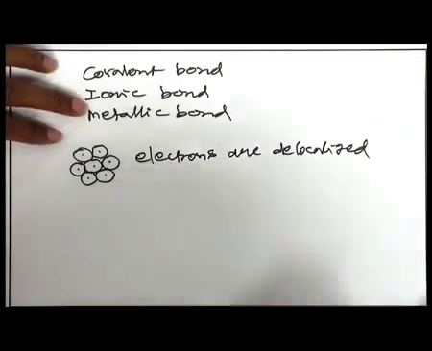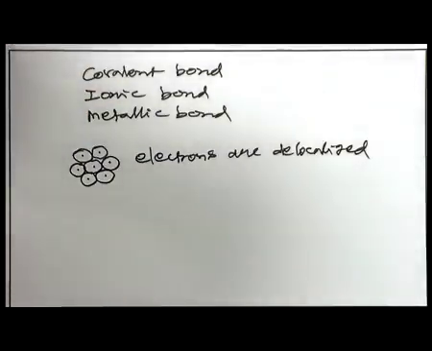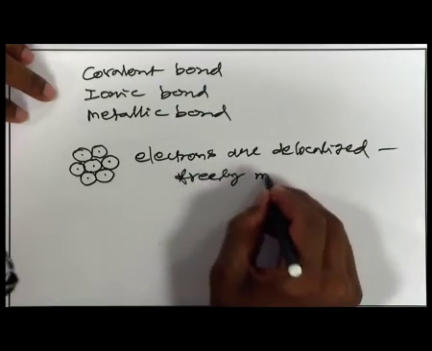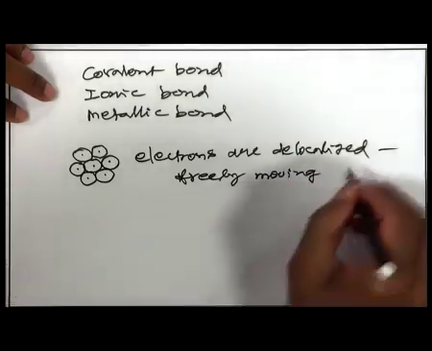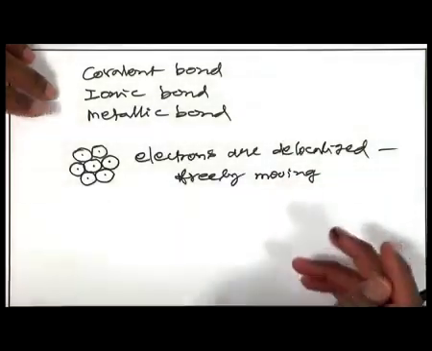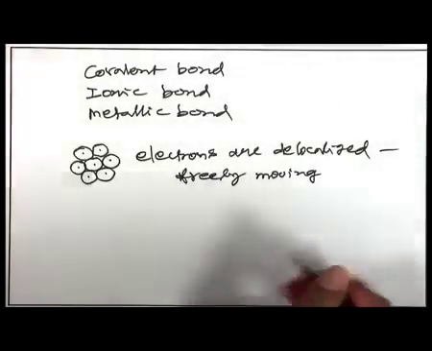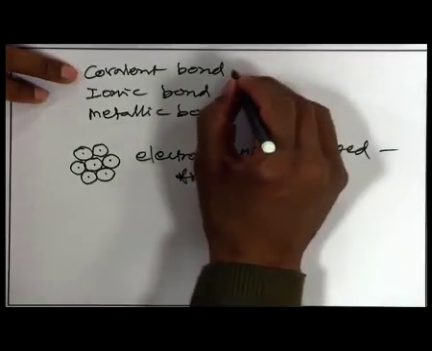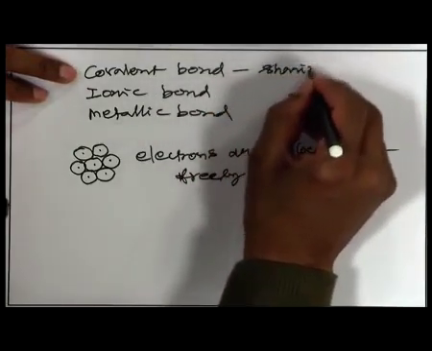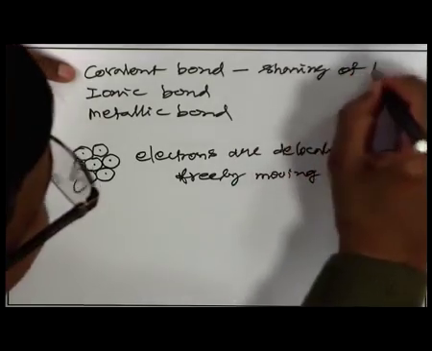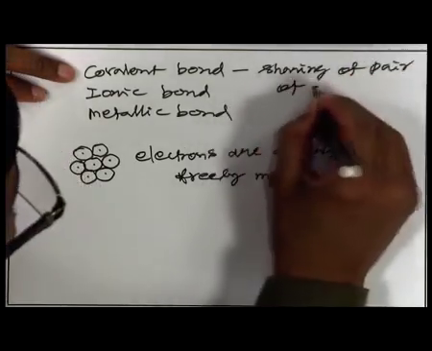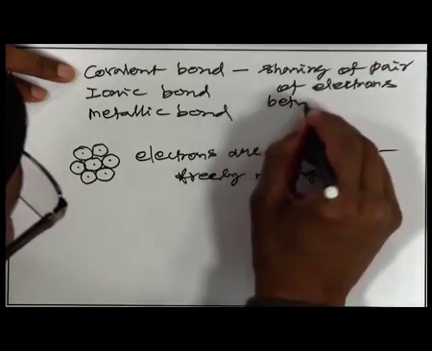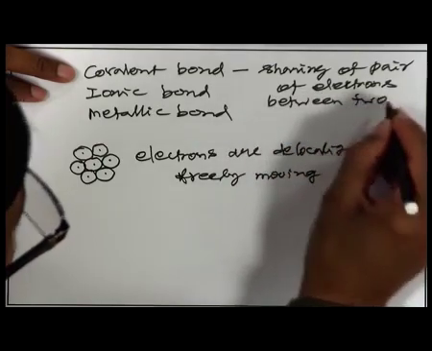So, electrons are delocalized in metals, they are free to move, that means freely moving. As a result, they are very good conductors of electricity and heat. But a covalent bond is basically a sharing of a pair of electrons between two atoms.